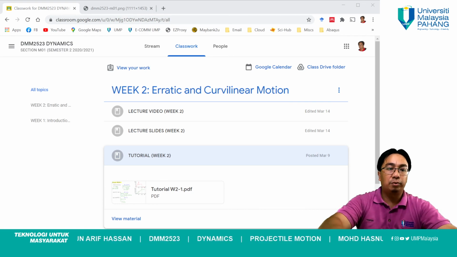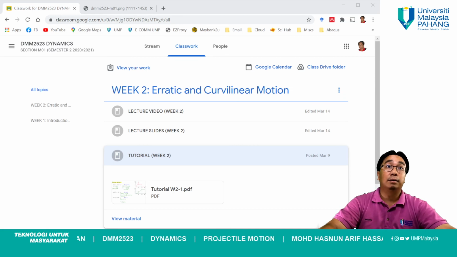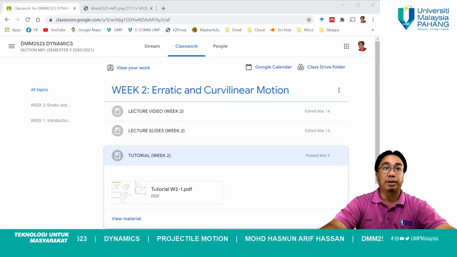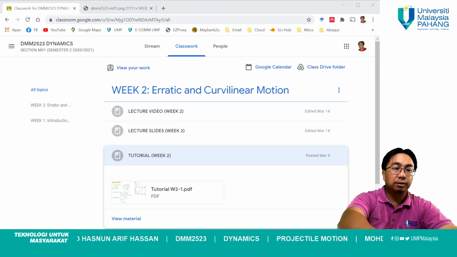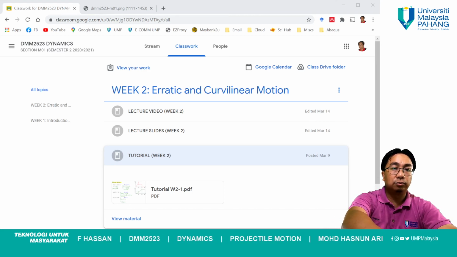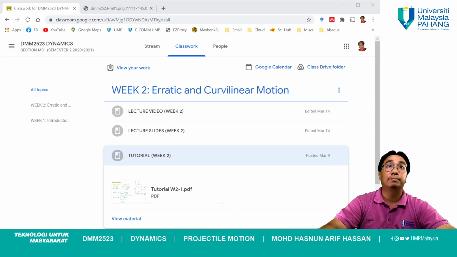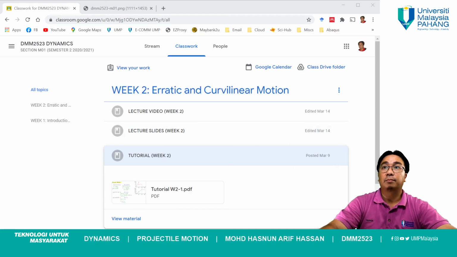No. If you can solve using other method, you can use other method. Like I mentioned, you can substitute the value in the formula so that you do not have to use chain rule lah. Okay, thank you, sir.